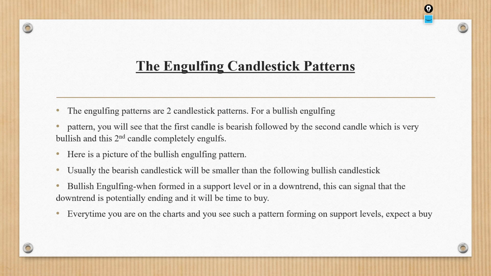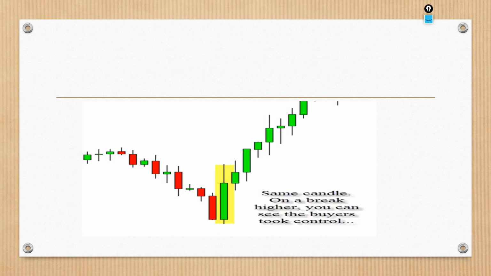The engulfing candlestick pattern. So what it really means is that there's one candle that is small, and there's a bigger candle that completely eats. To engulf is to somehow eat. So it completely swallows the other candlestick. Here is the meaning. You see how this one is small, and this one completely engulfs. So this candle is inside this candle.